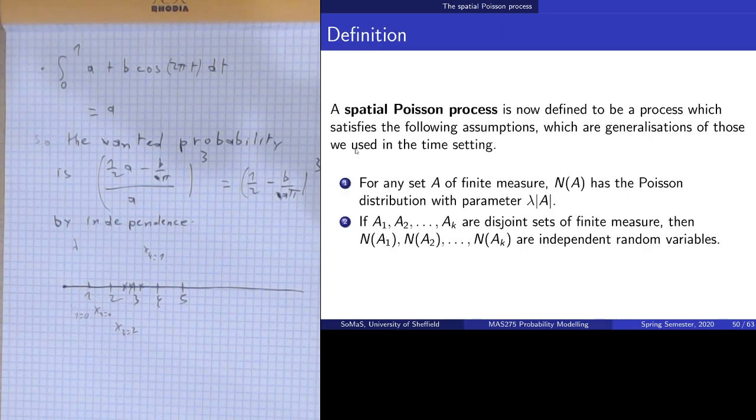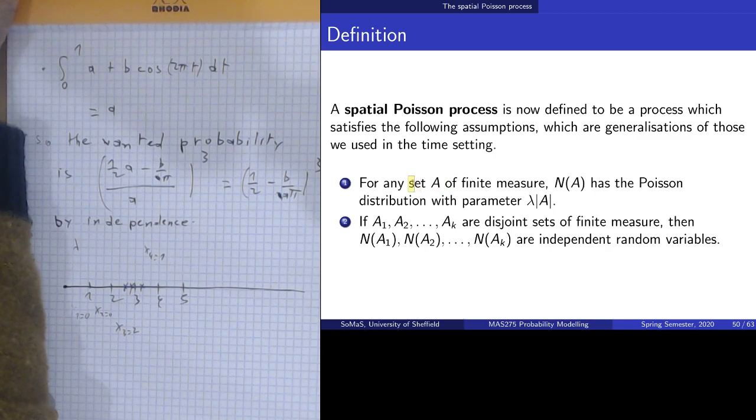And here are my assumptions 1 and 2, which are the same as A and B before, to define my spatial Poisson process. As before, the number of points which are inside a specific set A is a Poisson variable, and its parameter is lambda times the measure of A. And if I take disjoint sets A1, A2, up to AK, then the points landing in each one of those are independent as well.